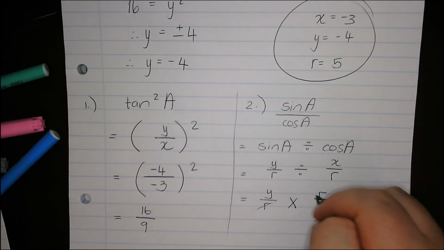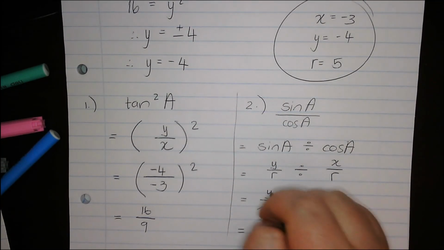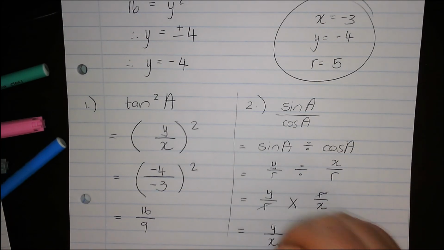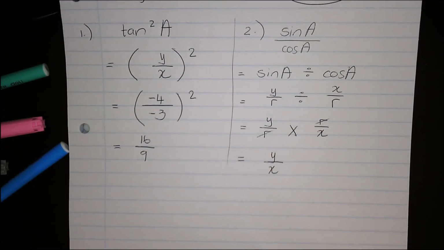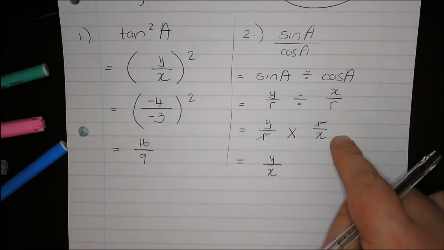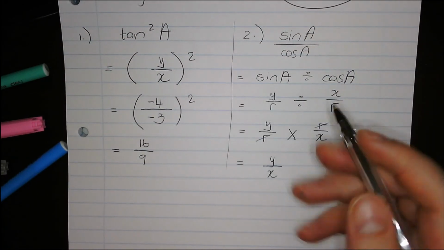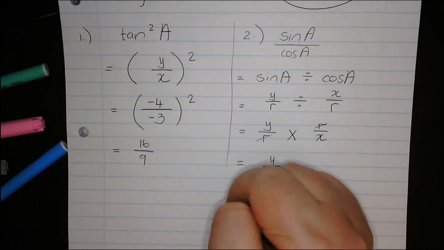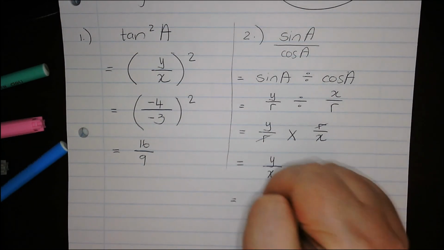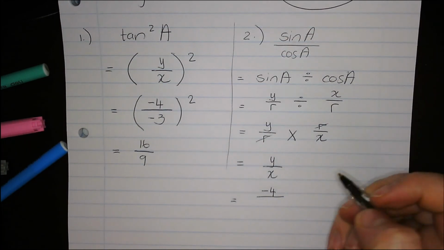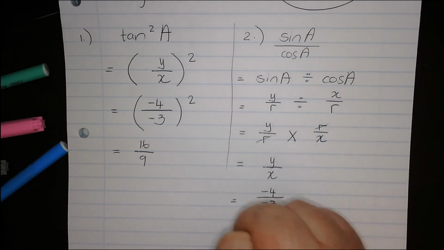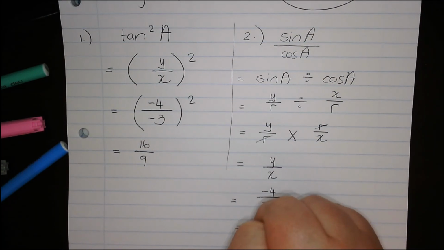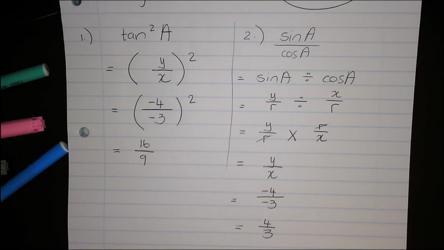The r and r cross cancel, and that gives me y over x left. You can do this by substituting in here or here or here. I just want to show you that the r's can cancel out. And then y is equal to negative 4 and x is equal to negative 3. So that gives us 4 over 3 as our final answer.